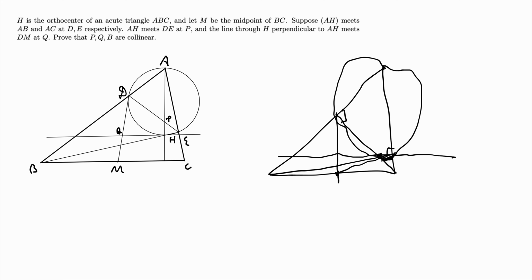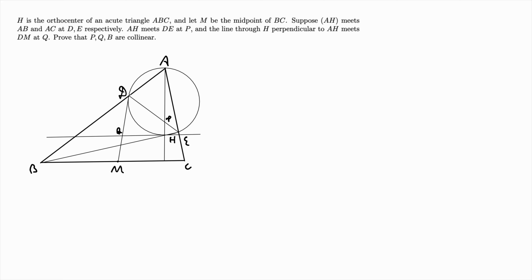Okay, now how do I know it? First of all, when we look at the quadrilateral ADHE, they are cyclic because, no, not CD, sorry. We're actually going to draw a line like this from here. We don't know if it's D or not yet. Let's call it D prime. Here to here, let's call it E prime.